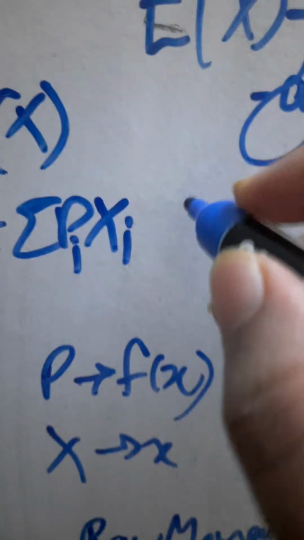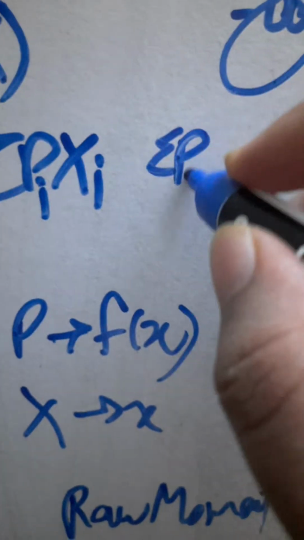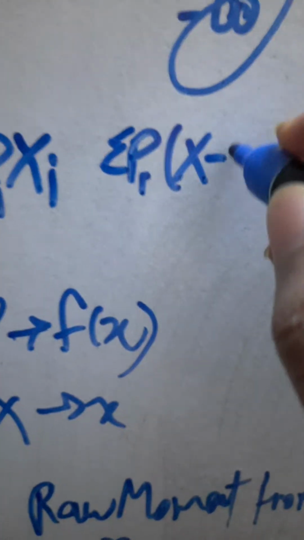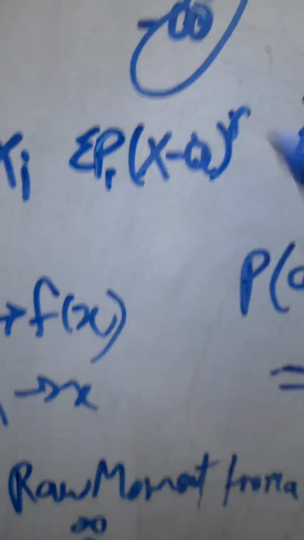Okay, so what would happen is integration, maybe from minus infinity to infinity or something. I put this. Then the raw moment, wait a second, what was it in raw moment for the discrete case? Summation of p_i times (x minus a) whole raised to r, right?